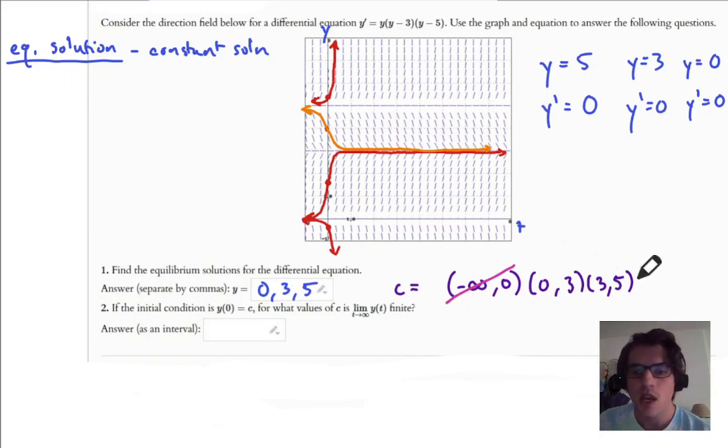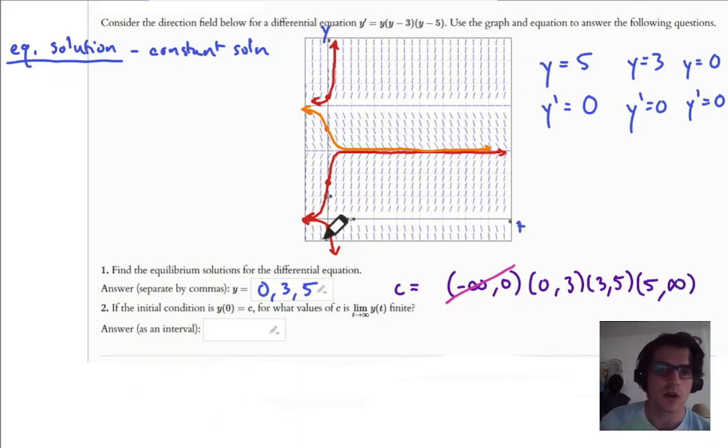So that works. And last, from 5 to infinity, does this work? Well, no, it doesn't. We just go up forever. That would approach infinity. Okay, so the interval that would work would be 0 to 3, union 3 to 5.